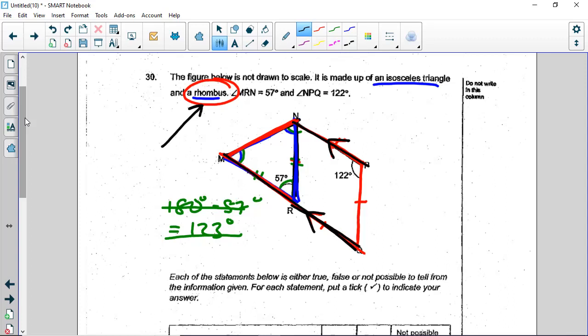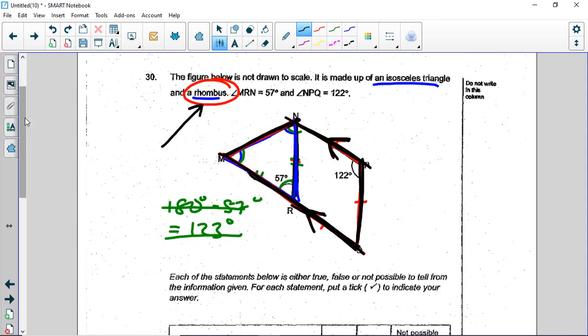What's so special about the rhombus? The rhombus has two lines parallel and it is part of a bigger figure which is made of two lines that are parallel also. So therefore, the entire figure must be a trapezium, right?